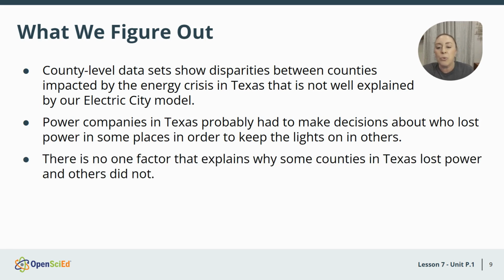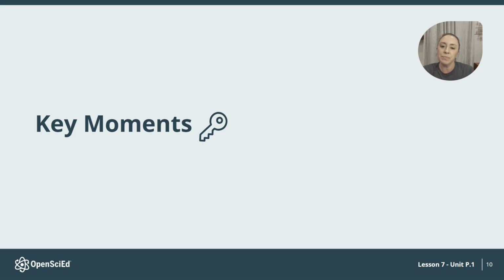And that through all of this, there's no one factor that explains something. So we need to think about our data perhaps on a different grain size if looking at it at a county level did not actually help us in identifying the factors used to decide where that energy went and where it did not. So let's take a look at these 2 key sense-making loops a little bit further.